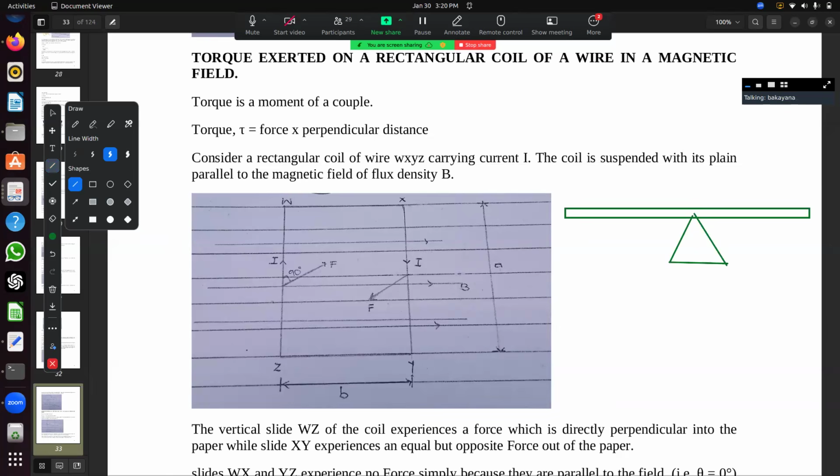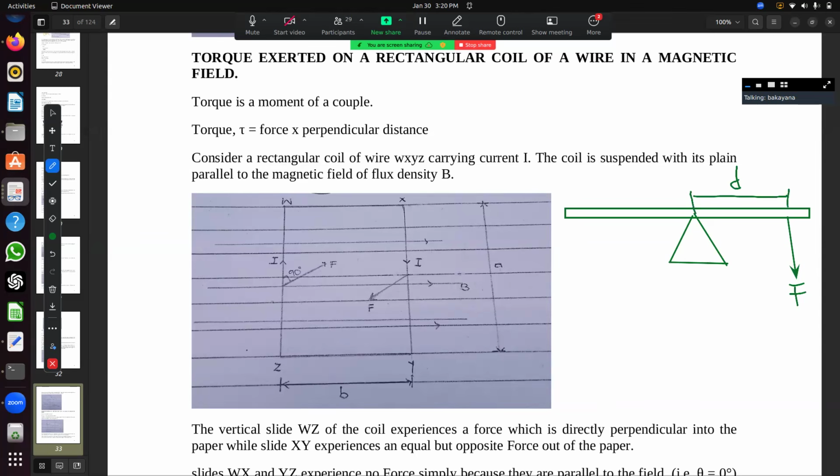Then you have a force, and then you have a turning point, and then you have a distance. Sometimes you say moment of a force, or you can say a torque, which is the force times the perpendicular distance. So we're just applying that.